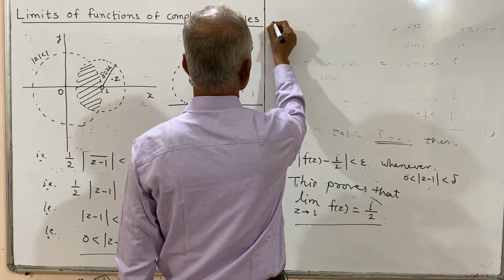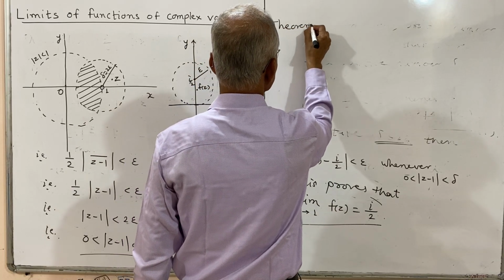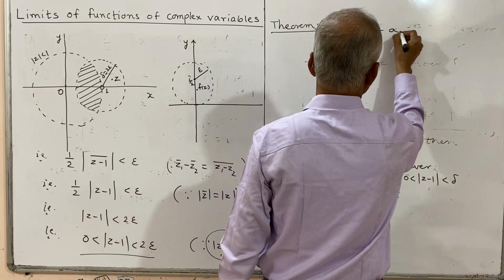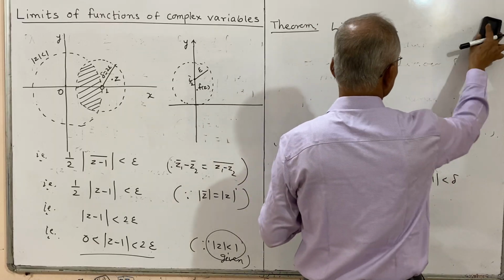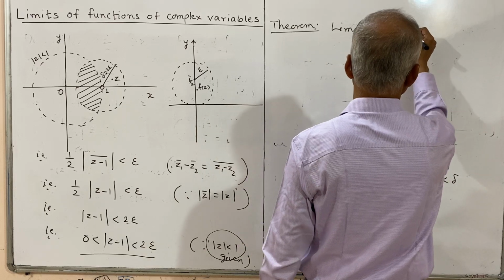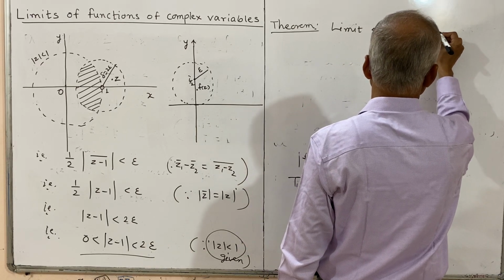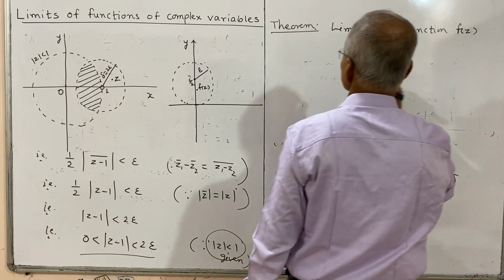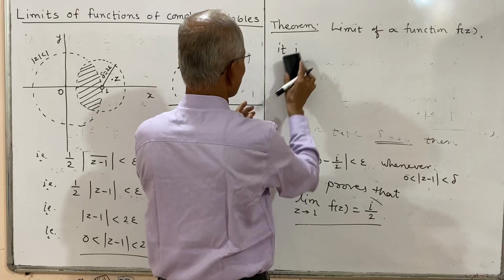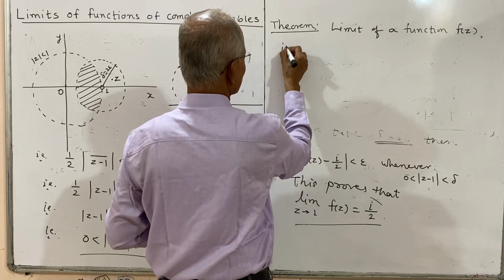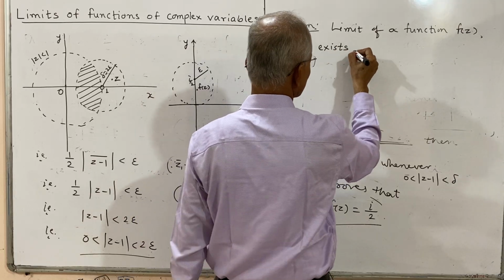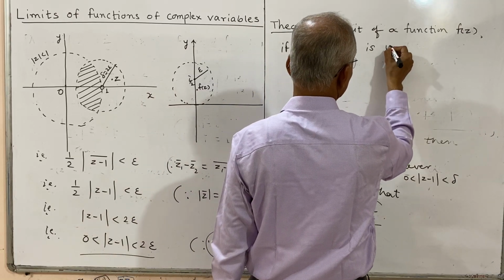As a theorem, the limit of a function f of z, if it exists, is unique.